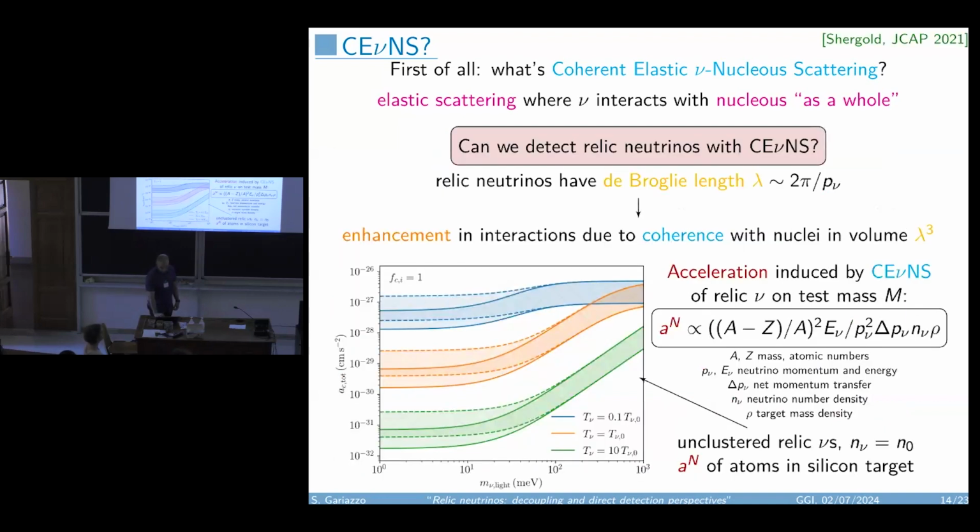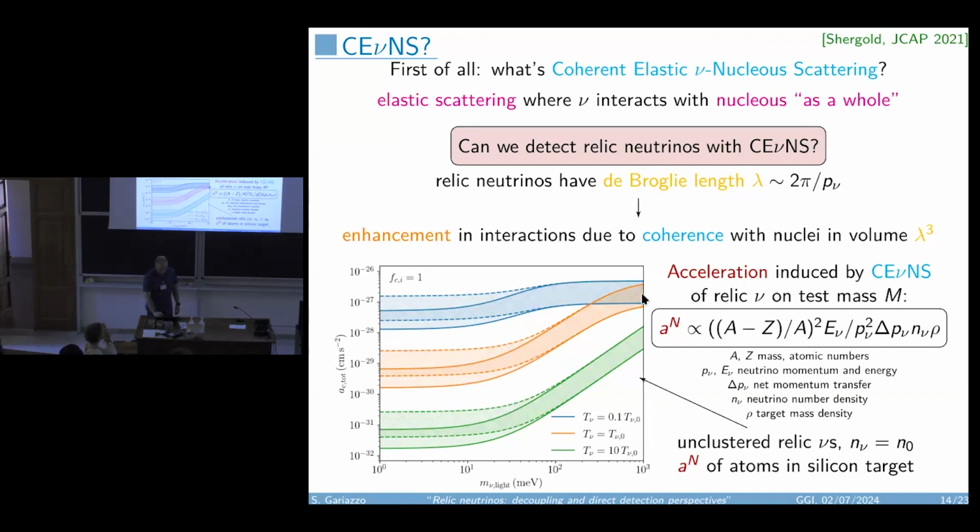Applying this to the cosmic neutrino background is actually a possibly nice idea. You see in this plot the expected acceleration produced on some target by the scattering of coherent neutrinos as a function of the lightest neutrino mass, for different assumptions about the neutrino momentum distribution function. But if we consider the standard one, which is the orange region, you see that we may get even a factor 10 to the 3 enhancement in the expected signal.